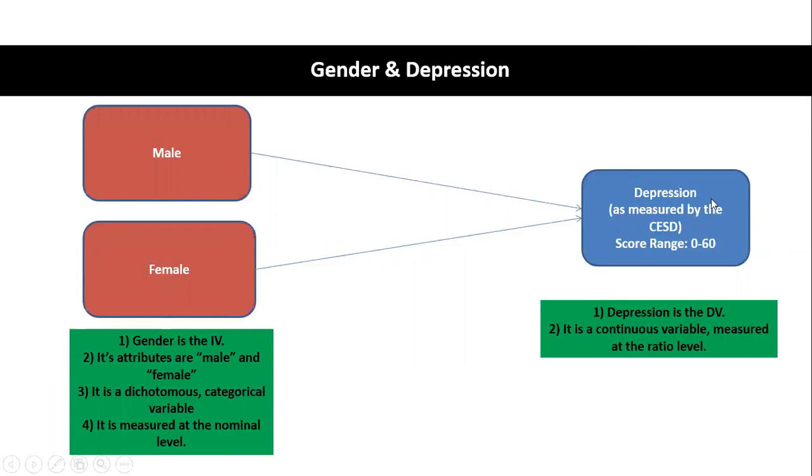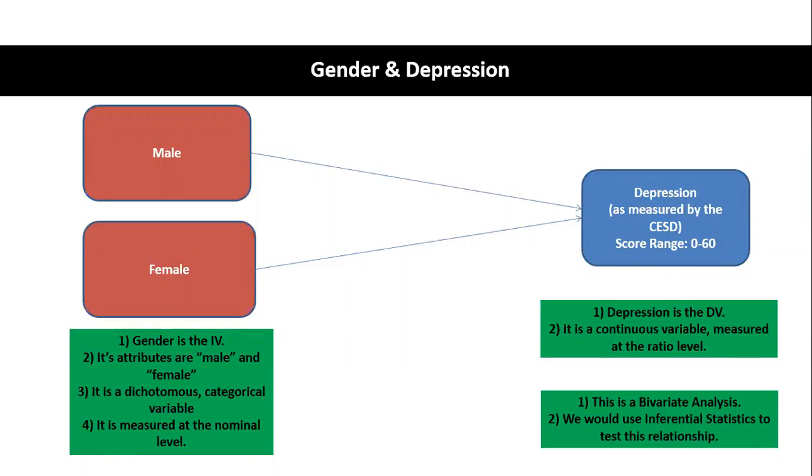Now, if we look here to the right, depression in this study would be the dependent variable, and this variable is continuous and measured at the ratio level. The reason for this is that we see the score ranges from 0 to 60. So hypothetically, that would mean this is a ratio level variable because it has a true 0 point. So this variable, depression, is continuous and measured at the ratio level.